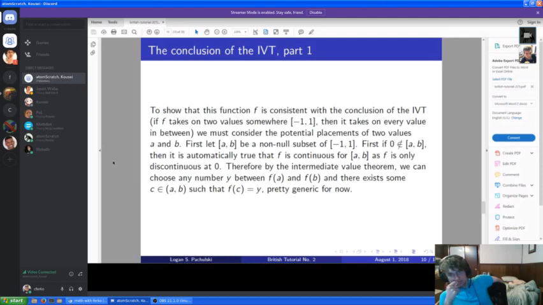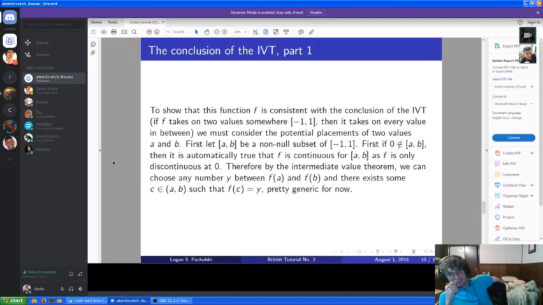We must consider the potential placements of two values a and b. First, let the closed interval [a, b] be a nominal subset of (-1, 1). This is turning the statement that a must be less than b and that it must be a subset of. It's basically my way of wording what you said. Anyways, yeah, I didn't need to explain that.